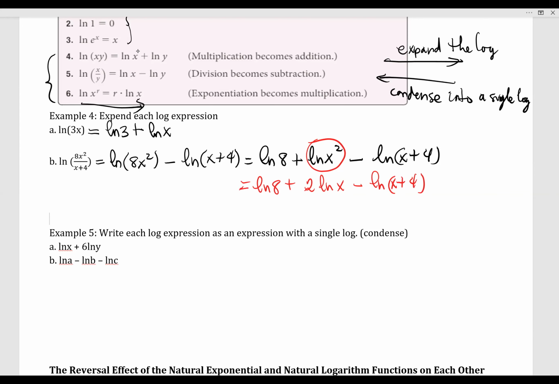You can expand more by splitting the 8, but you don't have to. If you like, you can rewrite 8 as 2 to the power 3, and it becomes 3 ln 2 plus 2 ln x minus ln of x plus 4, and this should be the answer.